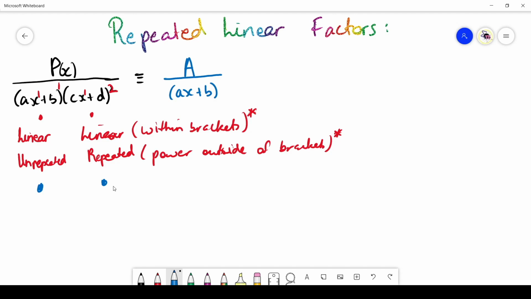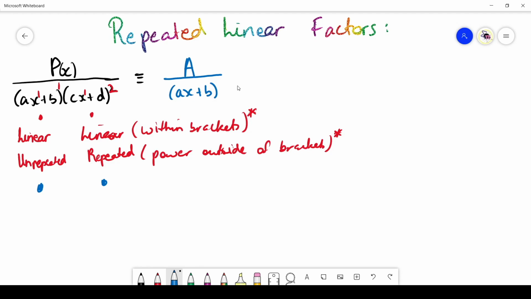So in that case, the way you split up your fraction is dependent on each factor that goes on a denominator. So with the first one, ax plus b takes the split of a linear unrepeated format, right? Which is why we just simply have A on ax plus b.